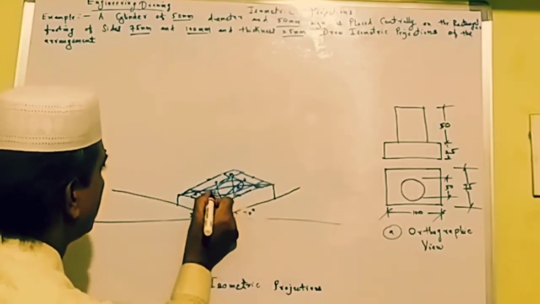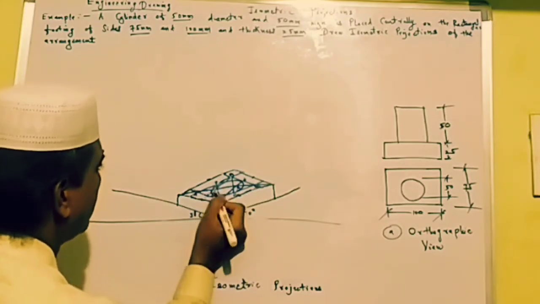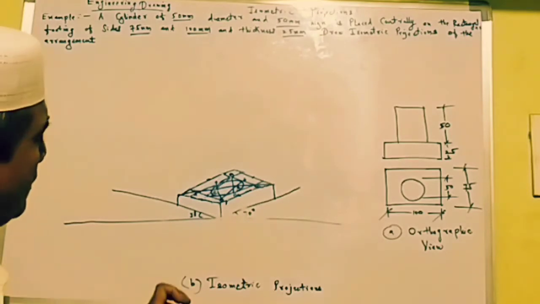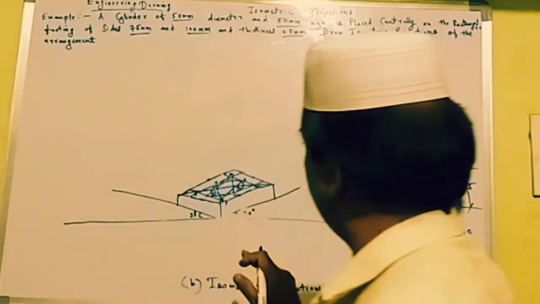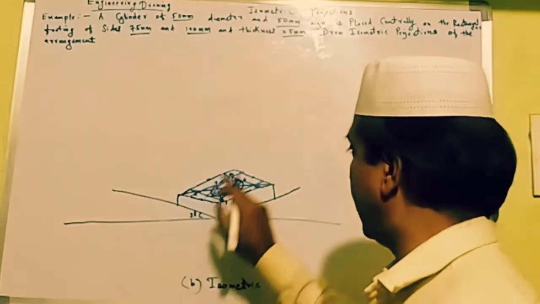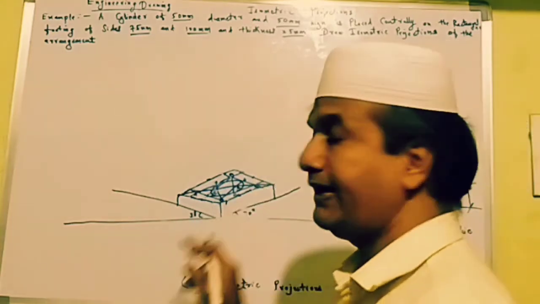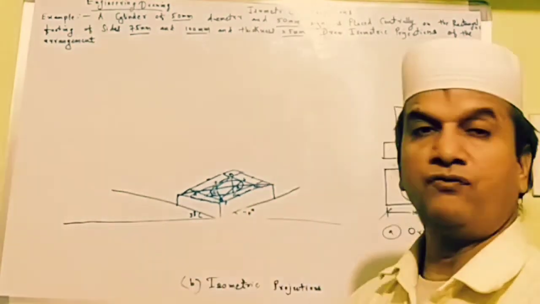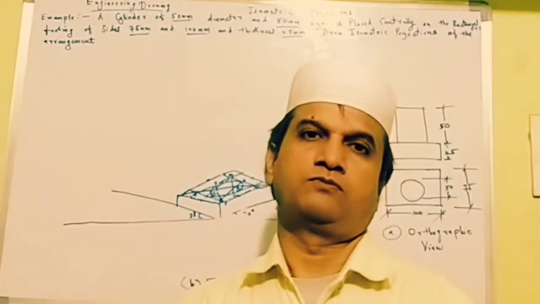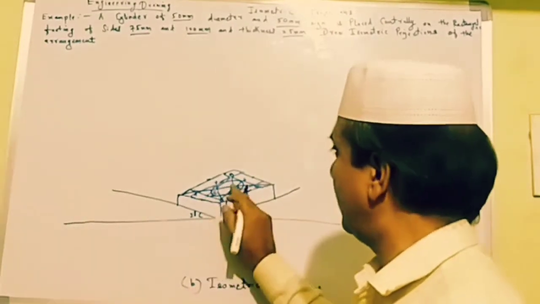Okay. Now finally we shall get the circle in ellipse form.